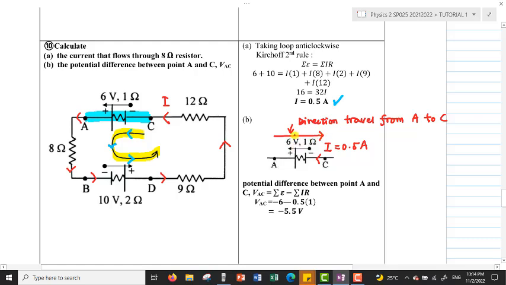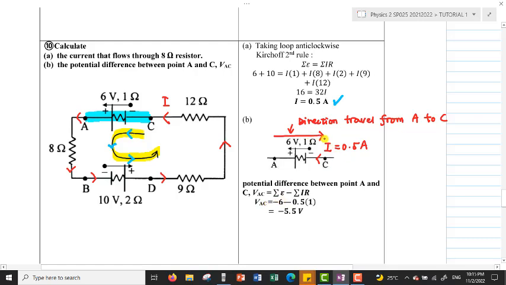So if we travel along the circuit path from A to C, we will find out that the direction we travel is opposite to the direction of the loop, so we have minus 6 volt.